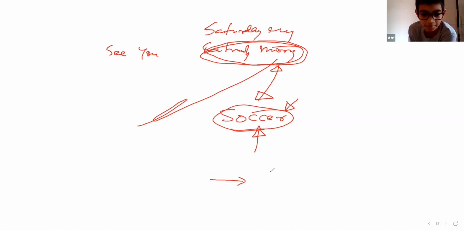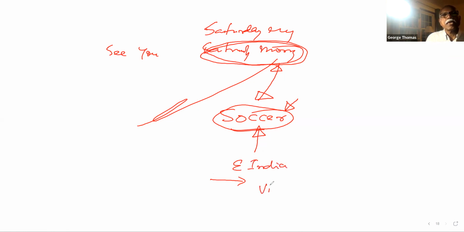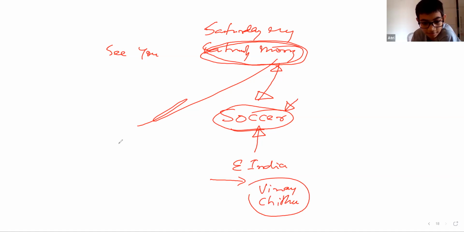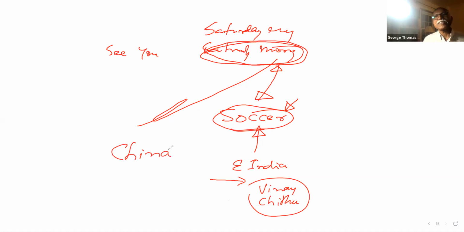Not really. I didn't really found the Indian camp. The Epsilon India is actually the work of Vinay and Chintu. I was their encourager. But I did found one in China, and it's going very strong.